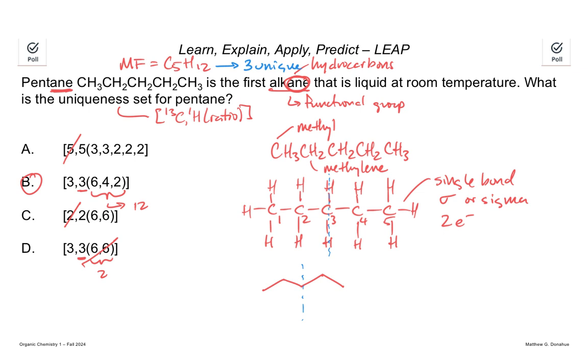So again, to put this in perspective of why we're doing this, the subject is organic chemistry. It's the chemistry of carbon. The hydrocarbon functional group is the simplest functional group. You have carbon-carbon and carbon-hydrogen bonds.